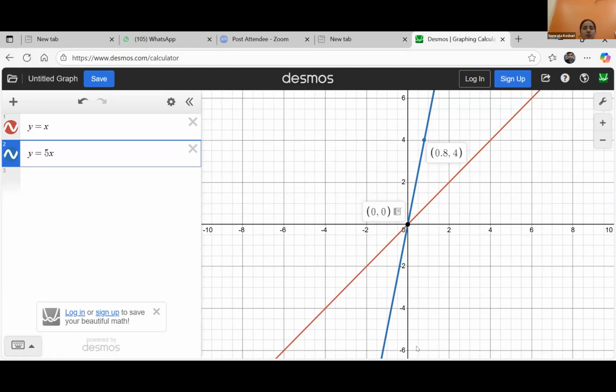This is also passing through 0, 0, so we can take 0, 0 for the blue color line also. You just need to know any two coordinates lying on the line, not necessarily the two I'm showing. You can put them in the slope formula.